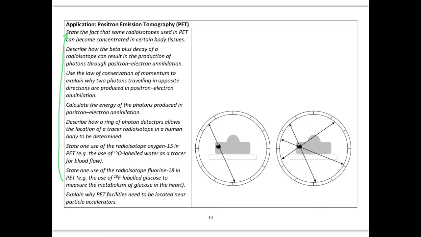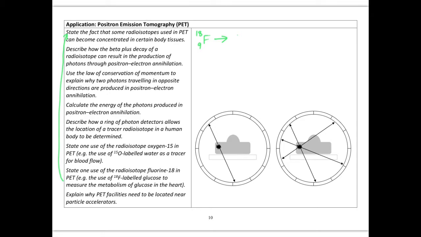So, I think we've covered the fact that some radioisotopes used in PET can become concentrated in certain body tissues. Then, describe how beta plus decay of a radioisotope can result in the production of photons through positron electron annihilation. So, we already sort of talked about this, but our fluorine 18 undergoes beta plus decay.